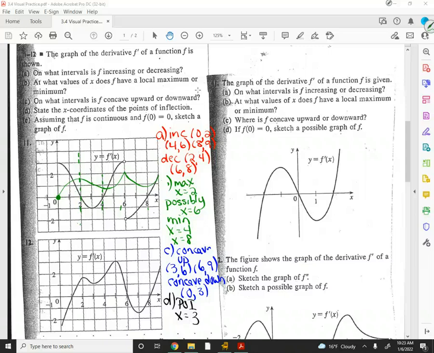When the first derivative is increasing, then the second derivative would be positive, so that would be where it's concave up. Okay, so that's going to be where your concavity changes. And it's where, like on this graph, increasing changes to decreasing or decreasing changes to increasing.